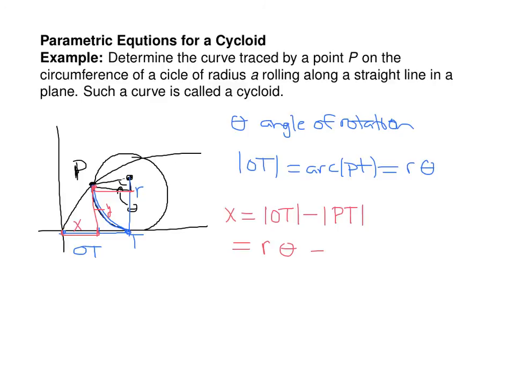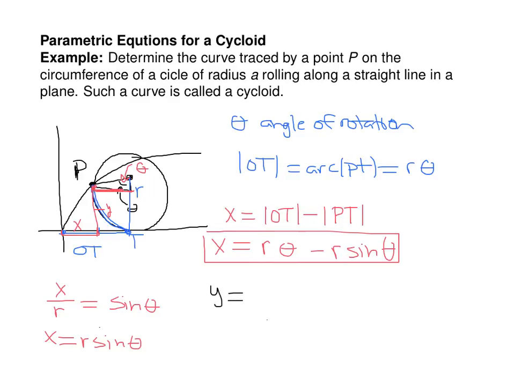Now PT, because this angle in there is theta, we know that this side, so call that x, so according to trigonometry we have that x over r is equal to sine theta, because the opposite side from the angle is x and the hypotenuse is r. Therefore x equals r sine theta. So r theta minus r sine theta, that is the x-coordinate.